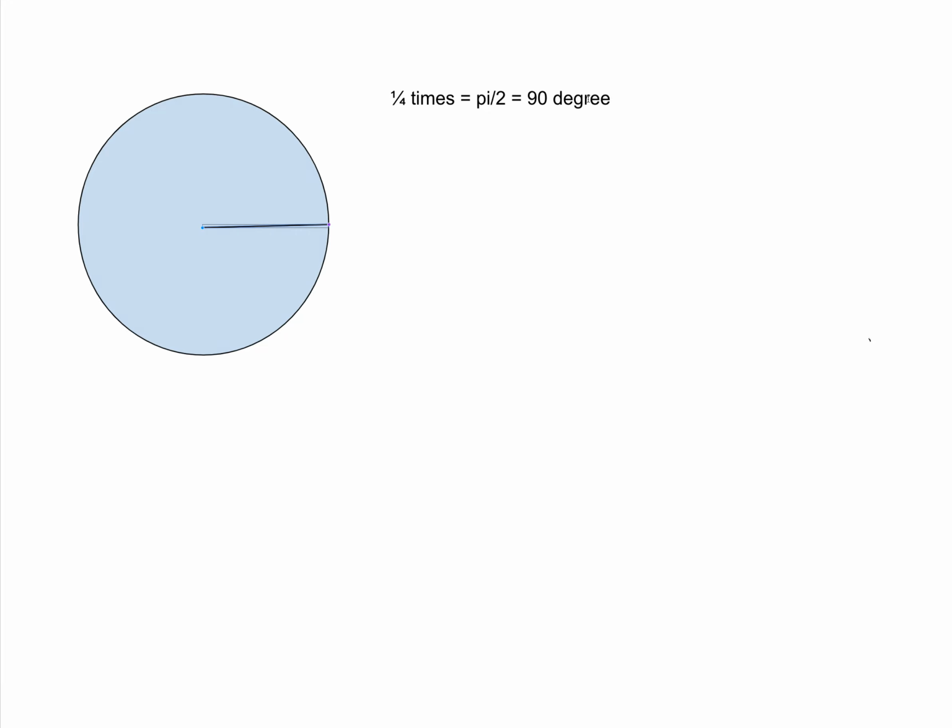So we know that when you are turning it 1 by 4 times, then you are creating an angle of pi by 2 or 90 degree. And what is this 90 degree?